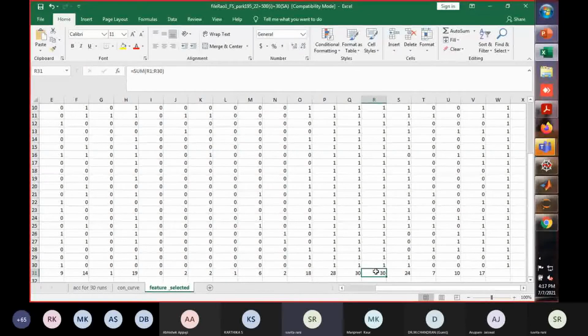If we run the same algorithm 30 times, these features are more informative than these features. So with the help of the meta-heuristic optimization algorithm, we clearly distinguish between the more informative features and the redundant or irrelevant ones.